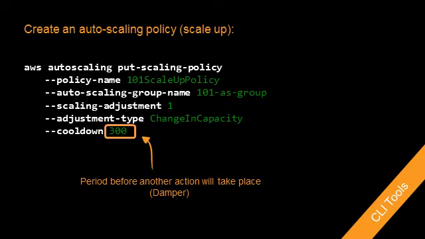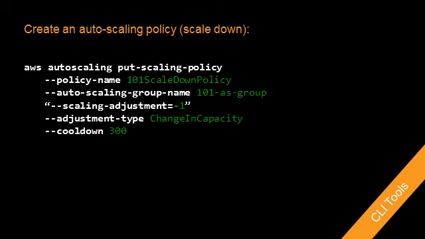It's not a good idea to do that, because whenever you start an instance, you'll be billed for a minimum of 1 hour's use on that instance. So by using that damper, you can prevent there from being too many scaling actions. And this is the scale down policy that we talked about earlier on, which will of course remove an instance from an auto-scaling group.